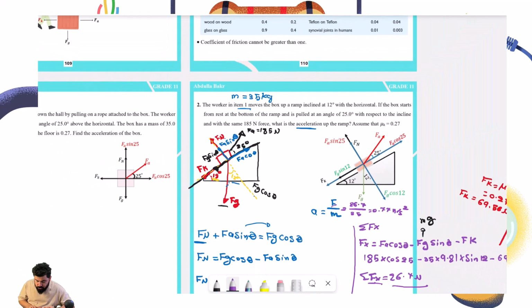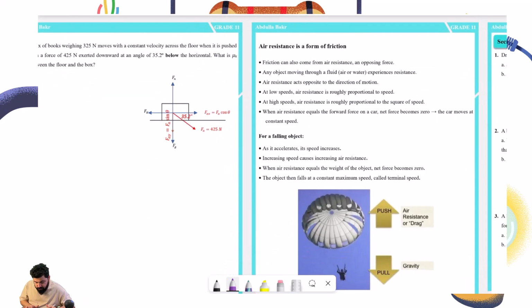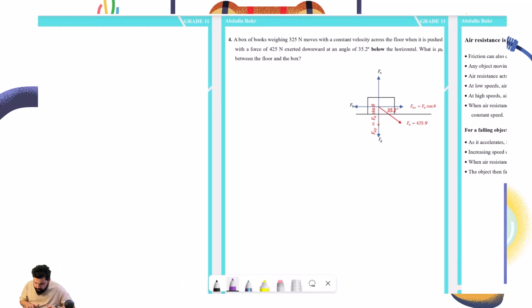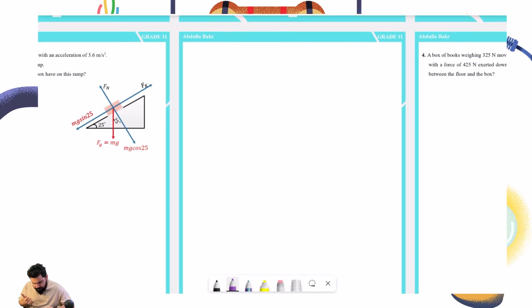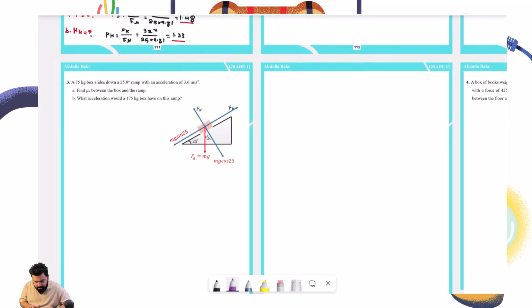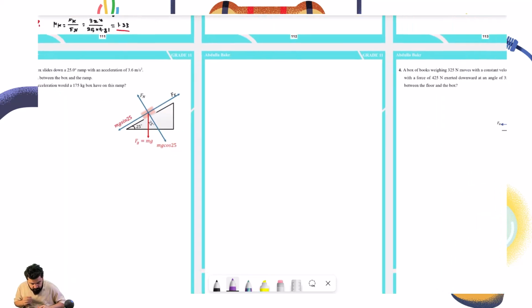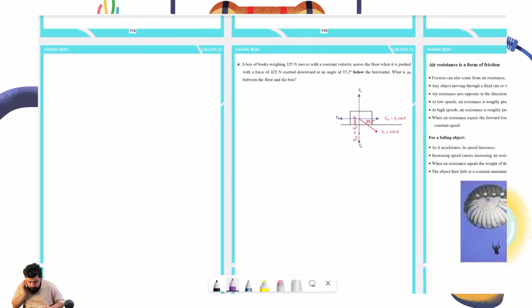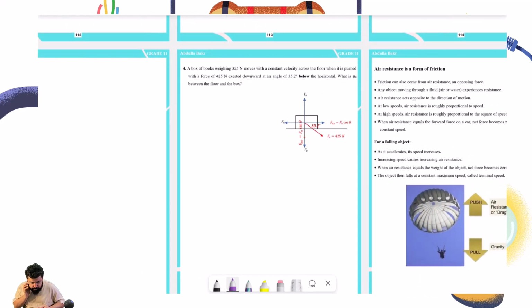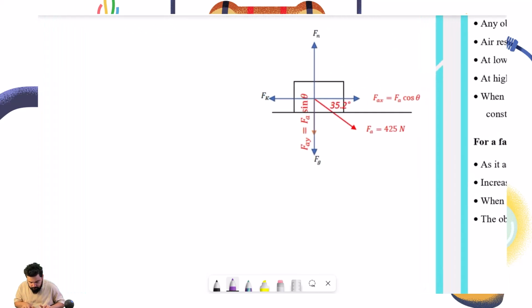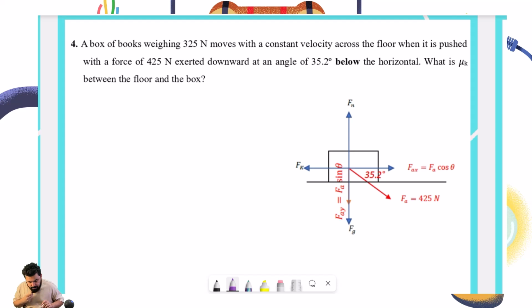This was question 2. I'm going to leave the rest of the questions for you. I just really like this question. They're not that different. I'm going to explain question 4 for you. It says a box of books weighing 325 Newton.